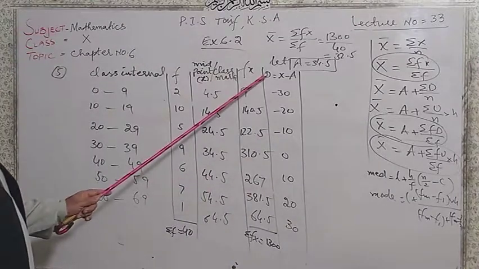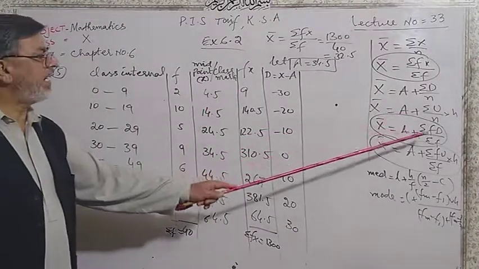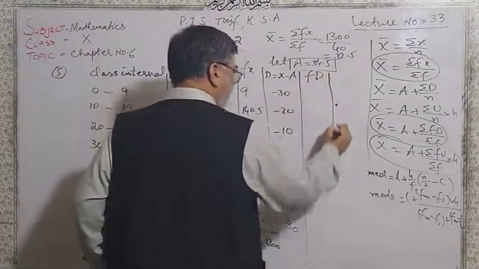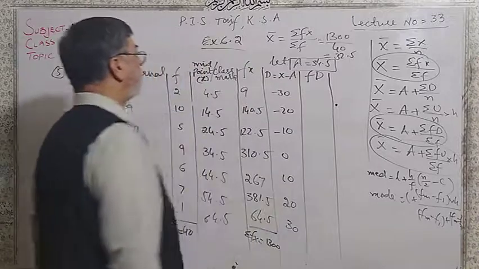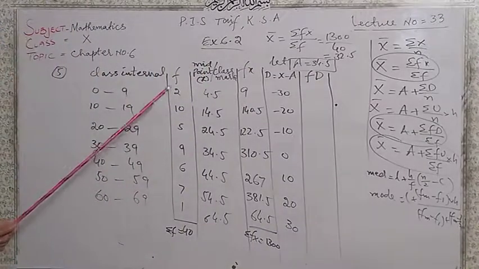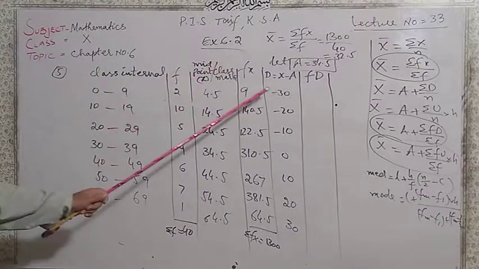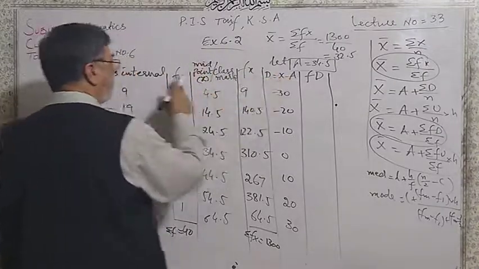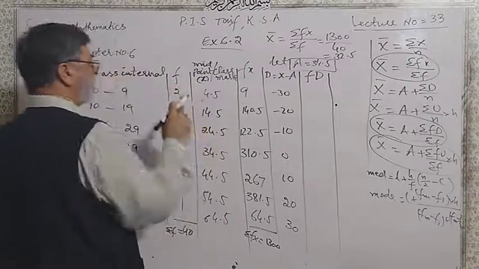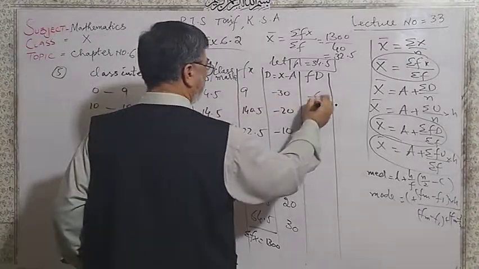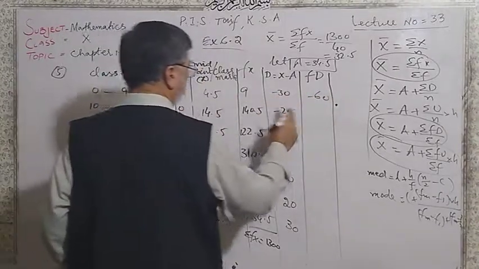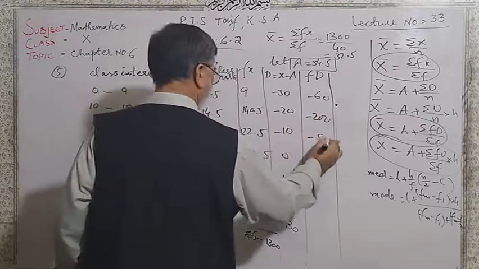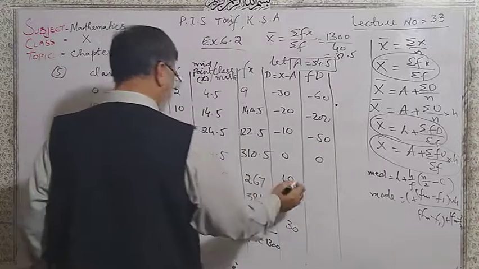Dear students, this was the column of D, but you need FD. So again, find the next column as FD. What is F? F is this number. D is this one. So you have to multiply F with each D. So 2 into minus 30 is minus 60. 10 into minus 20 is minus 200. 5 into minus 10 is minus 50. 0 into 9 is 0.